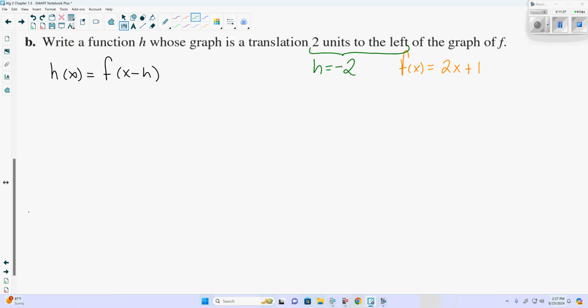Now, if I plug that value of h, that negative 2, in inside the parentheses, what do we have? We have x minus negative 2, yes? Do we ever, in writing an equation, leave a negative and a negative? No, we rewrite it as plus. Okay, that still lines up with what we had yesterday. It is negative, it got that plus to go the opposite direction.